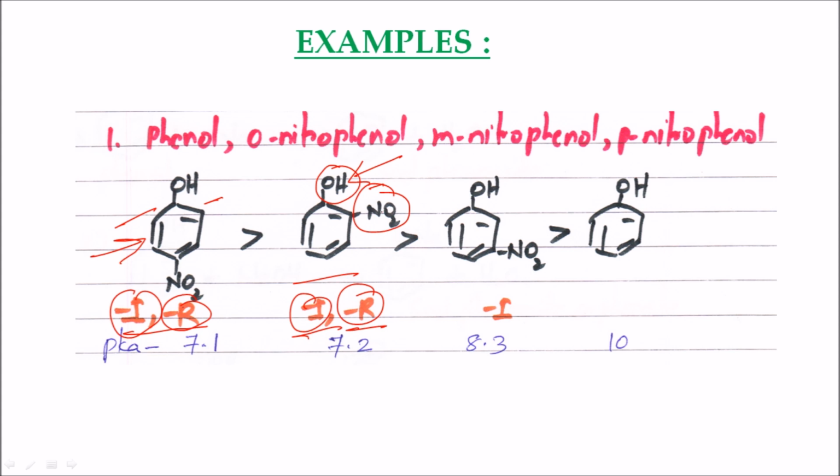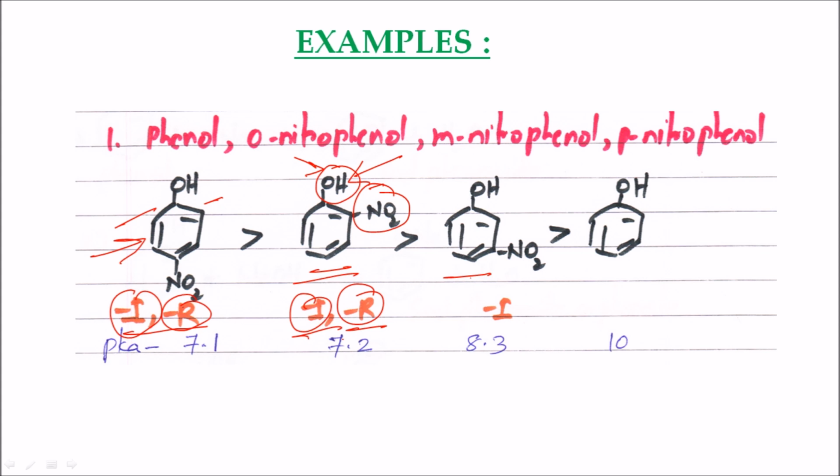The oxygen of this nitro group and the hydrogen of this OH group are involved in intramolecular hydrogen bonding, and that's the reason why the hydrogen cannot be released easily compared to para-nitrophenol. So it is slightly less acidic compared to para-nitrophenol. So first is para-nitrophenol, then ortho-nitrophenol, and the third one is meta-nitrophenol.